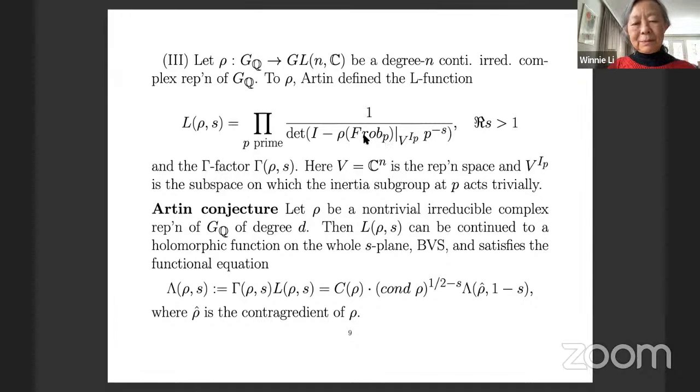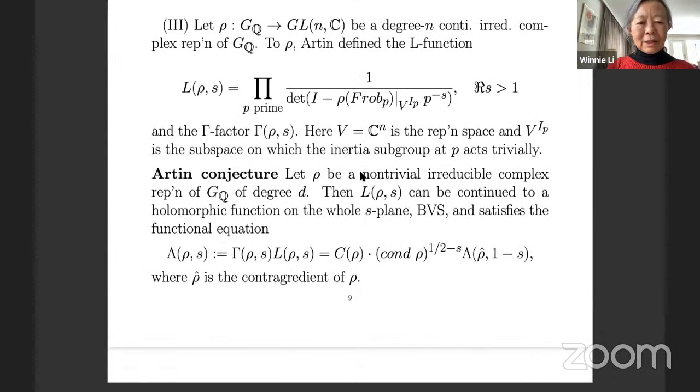But the Frobenius is determined only up to the inertia subgroup. So we restrict the action of Frobenius to the part of the representation space which is pointwise fixed by the inertia subgroup, so that this thing is well defined. But since the inertia subgroup is trivial most of the time, this denominator is a polynomial in p to the minus s of degree n.